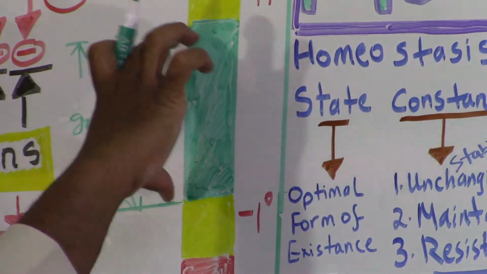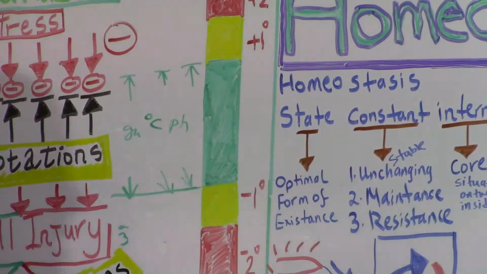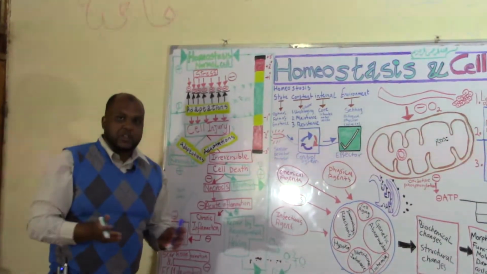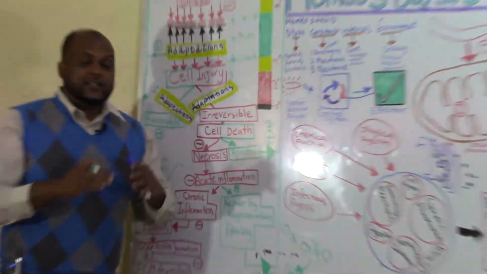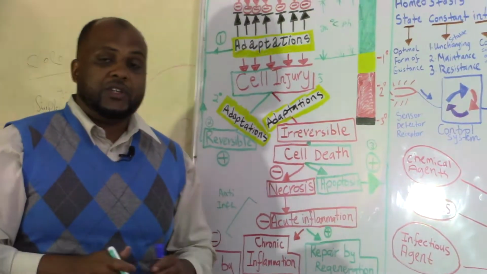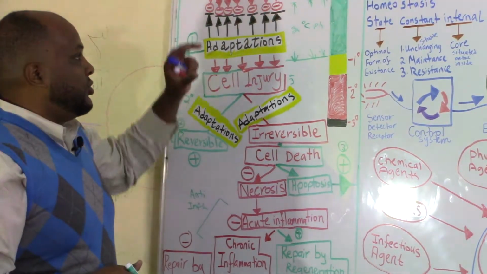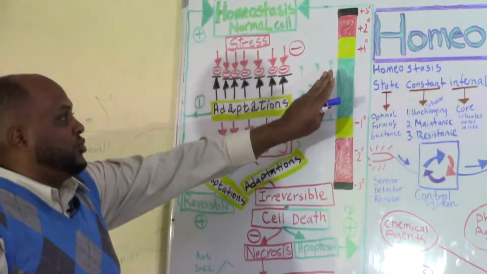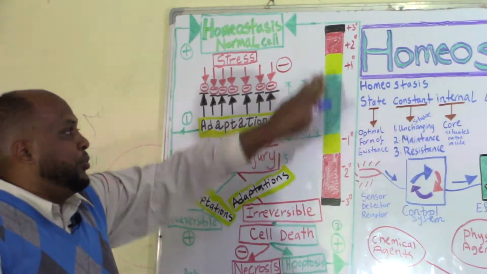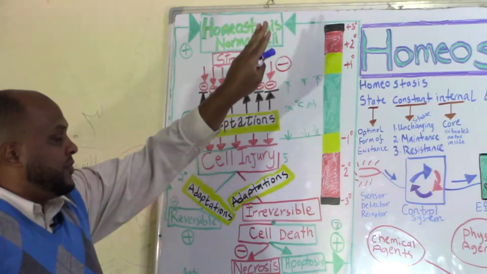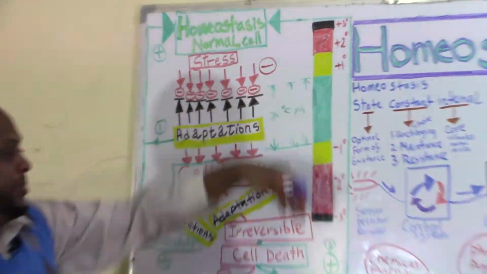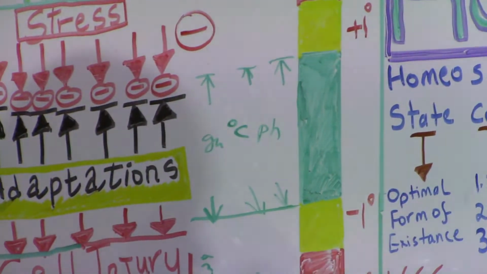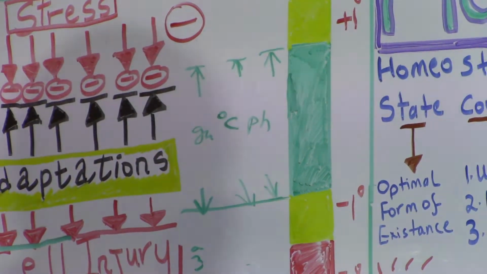Now, this is the homeostatic range that is maintained by the physiologic systems, and the cell will undergo structural and functional changes to fight any stressor that tries to push the cell above the maximal or below the minimal tolerable level.